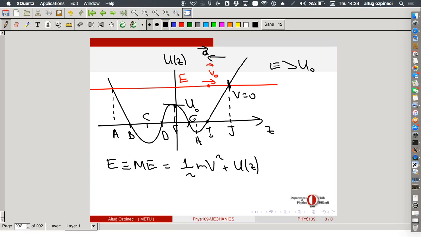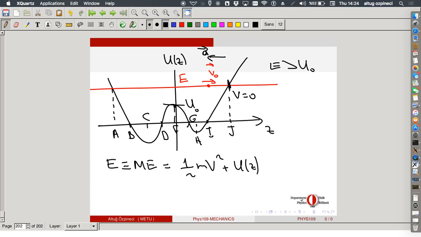It came to this point, stopped there, and then started to move in the opposite direction. Now it reached this point A. It got faster and faster until it reached the point A. Now from the point H to the point F, what happens to u of z?